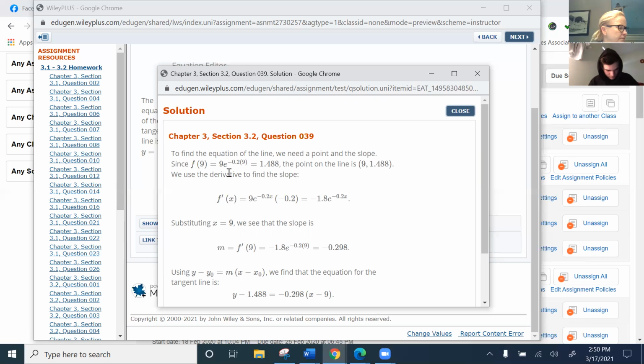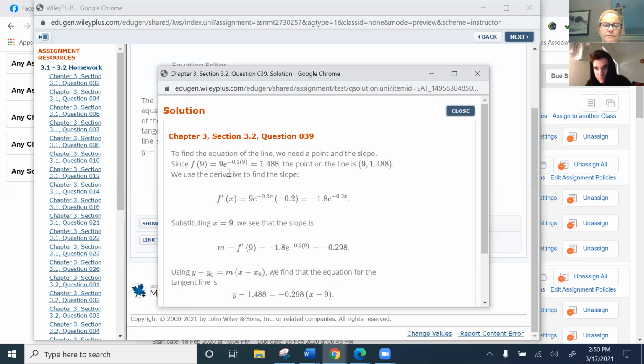So 9E to the negative 0.8. It's 0.0067. So y is 0.0067.